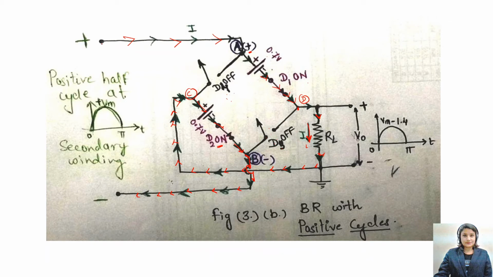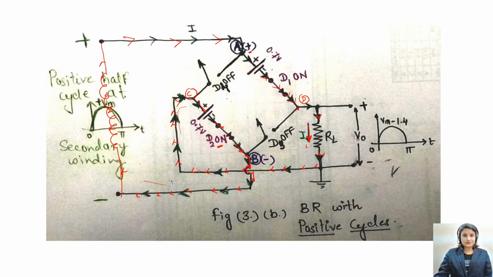Here I haven't drawn the complete circuit diagram. This is your secondary winding. The current will move from the secondary winding and flow in this closed loop path. This is how the current flows in a closed loop path when the positive half cycle is applied.